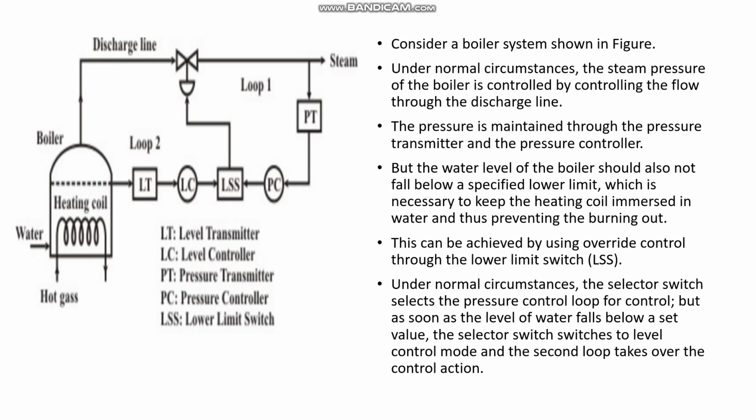Under normal circumstances, the selector switch selects the pressure control loop for controlling, but as soon as the level of water falls below a set value, the selector switch selects the level control mode and the second loop takes over the control action. So this is the best example of selective control or override control.